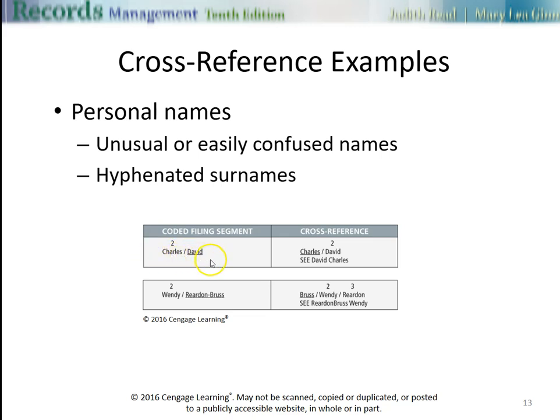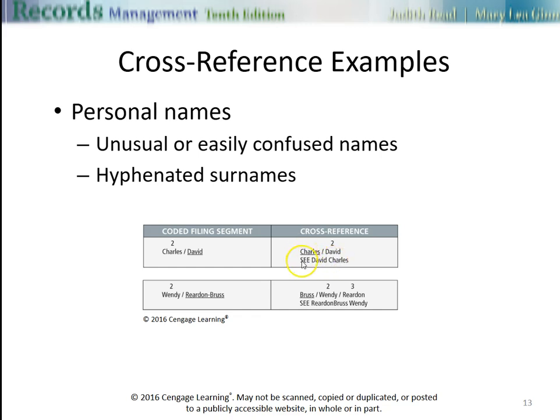Because David is underlined, we're assuming that this is his last name and it's the key unit. But somebody might think that that's his first name and Charles is his last name. So what we would do is to create a cross-reference under Charles that has a little C notation that says C. David Charles.